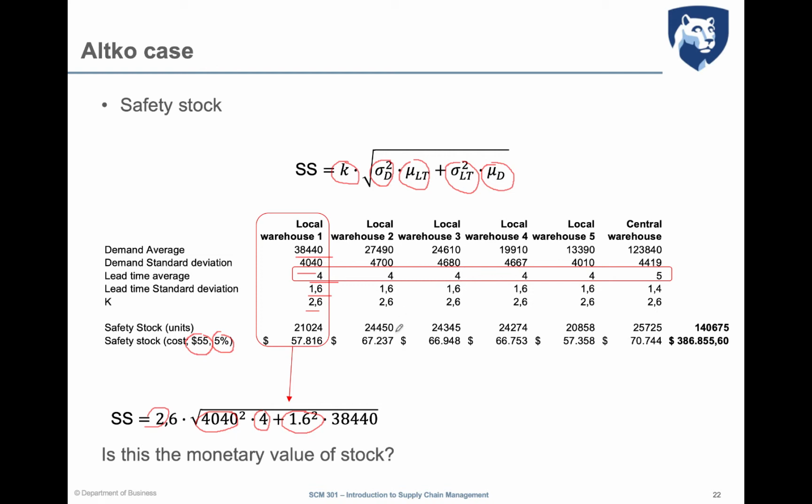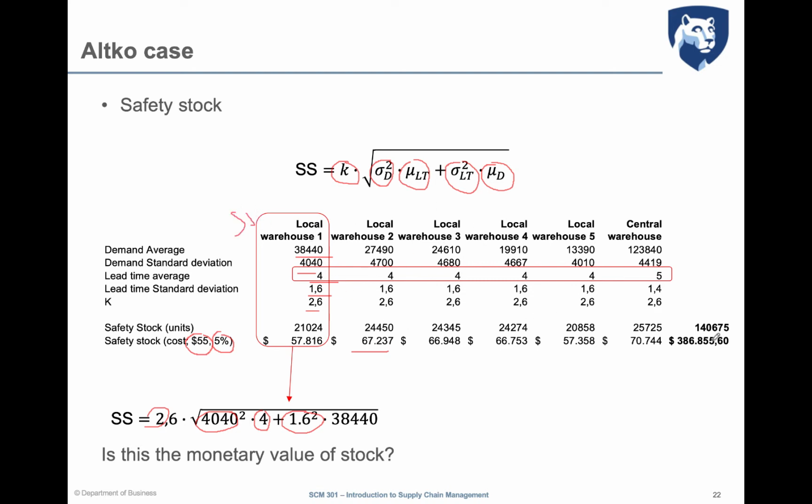27,490, and you obtain that the value in units of safety stock in local warehouse 2 is 24,450 multiplied by $55 multiplied by 5%, which gives you $67,237. Again, that's a simple mathematical calculation. That's not difficult. You have all the parameters, you just have to calculate the safety stock at each level.